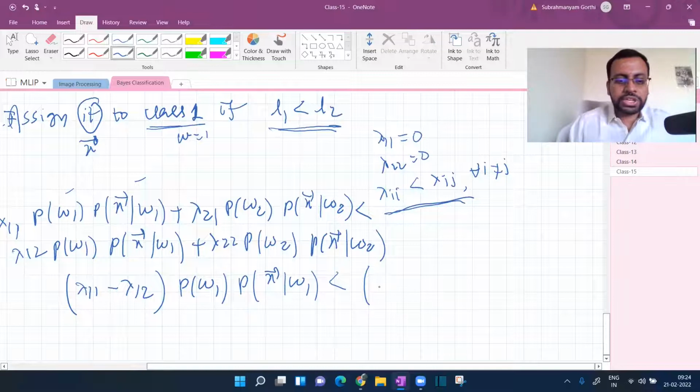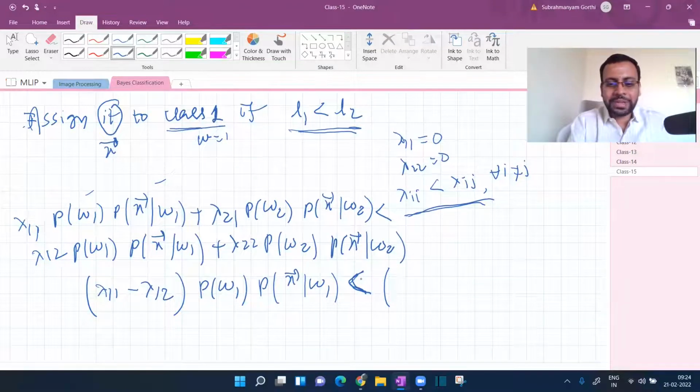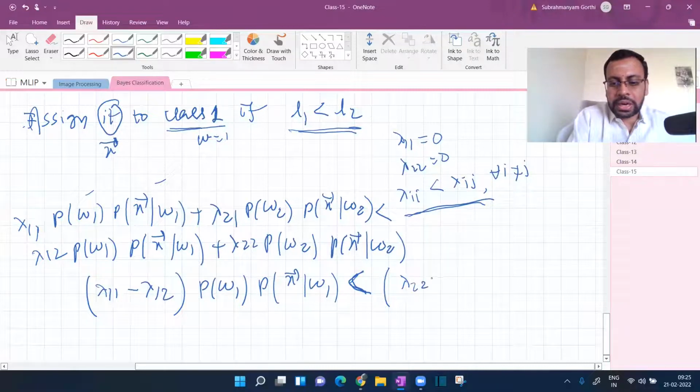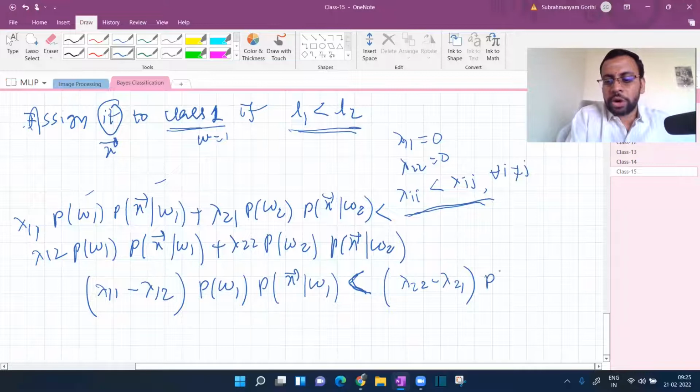What's the multiplication coefficient here? You tell me in terms of lambdas first. Lambda 22 minus lambda 21. That's right. Lambda 22 minus lambda 21 into probability of omega 2 into probability of x bar given omega 2.